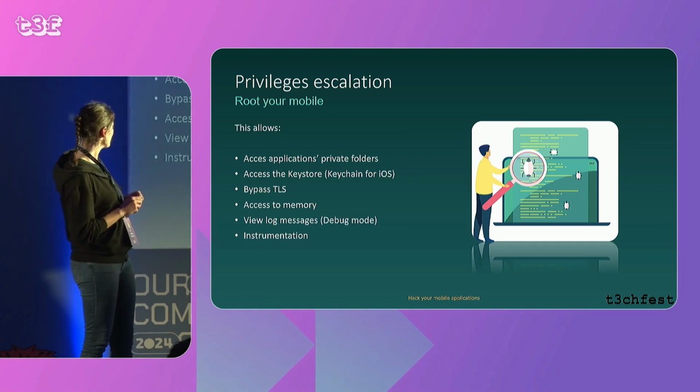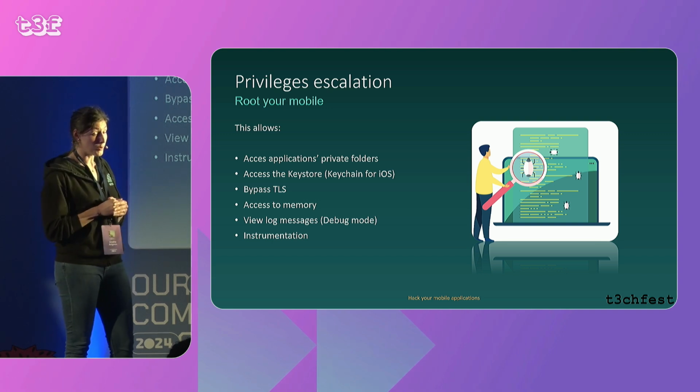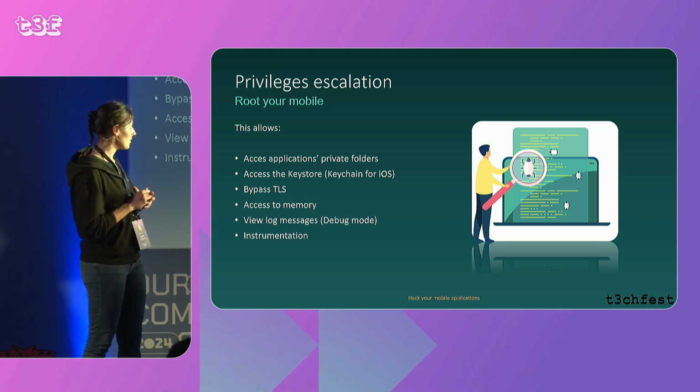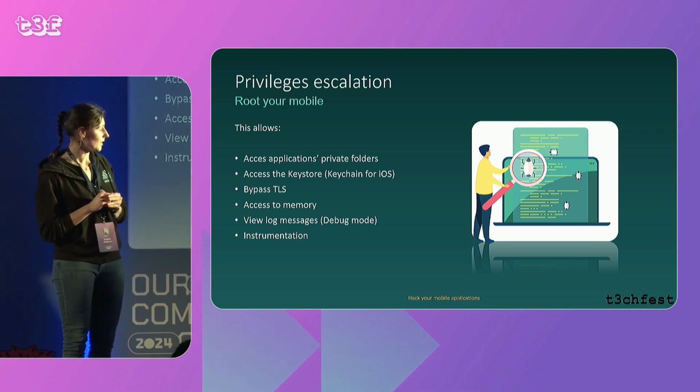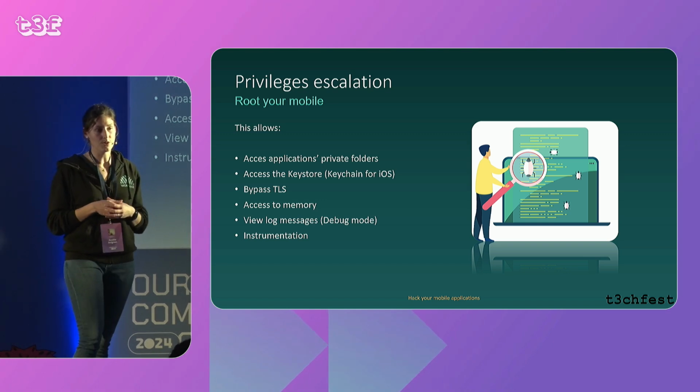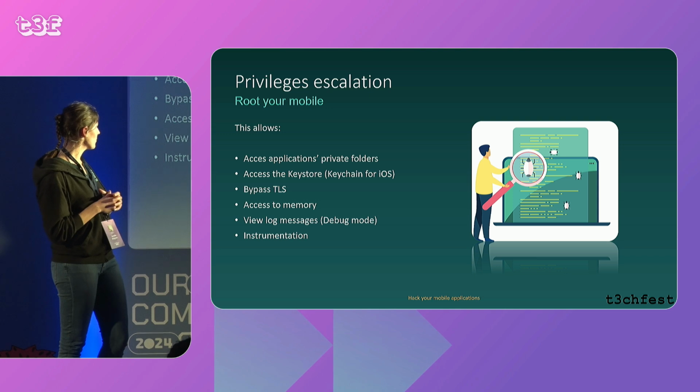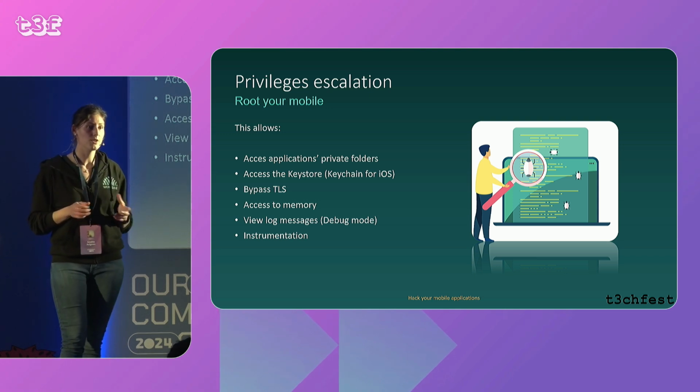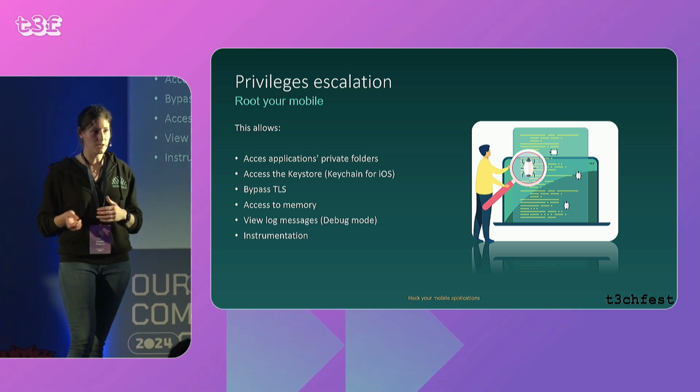What does it mean to be a super administrator on your smartphone? It allows you to access all folders, including all application folders. You also have access to the secure storage of your mobile, the keystore or keychain.